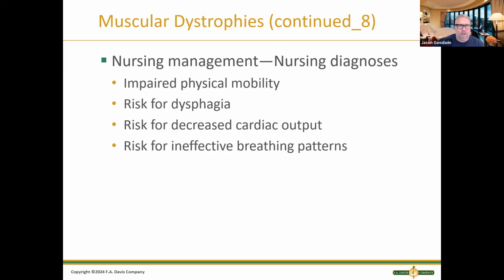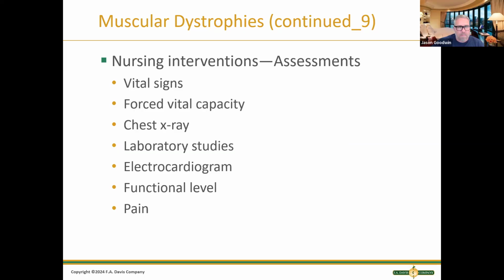The next one, risk for falls. This isn't up here, but risk for falls associated with decreased muscle tone in the lower extremities. Next would be decreased cardiac output associated with AV node dysfunction. And then risk for ineffective breathing patterns associated with lumbar posture deformity. All examples of things that you would use with this.